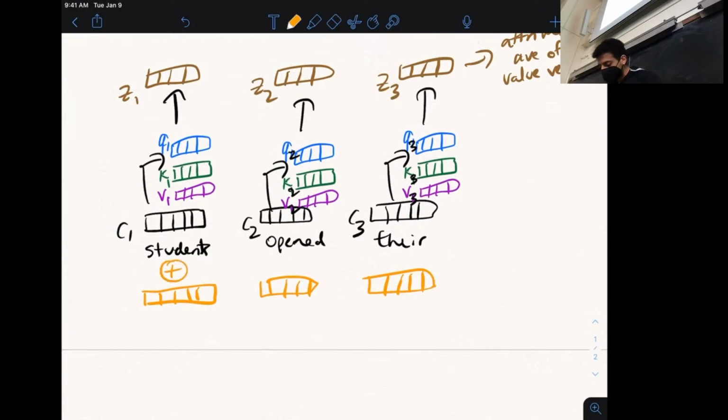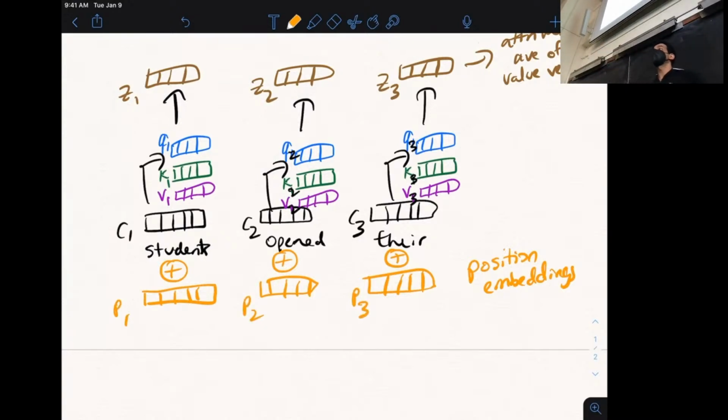We're going to add this embedding to the input word embeddings, these C sub 1, C sub 2, C sub 3. These are called position embeddings. And so we can say P sub 1, P sub 2, P sub 3.